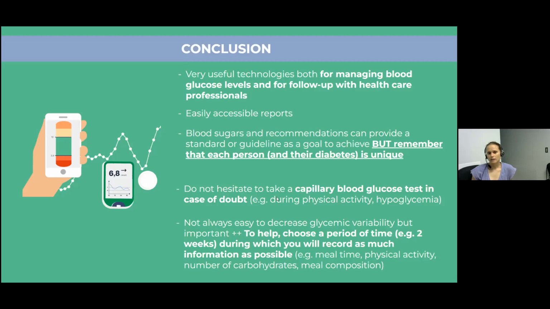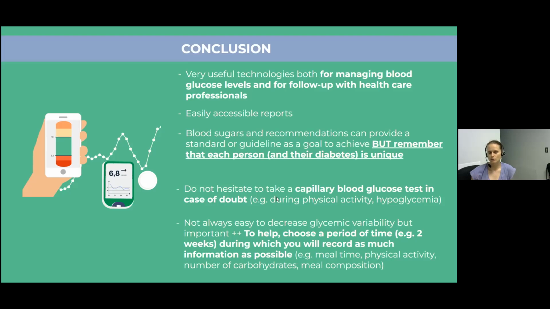So all the key data and the clinical recommendations that I showed you, with the time in range, with the CV value, with the HbA1c indicator, those are all numbers that really give us a standard of practice and a guideline that we use as clinicians.